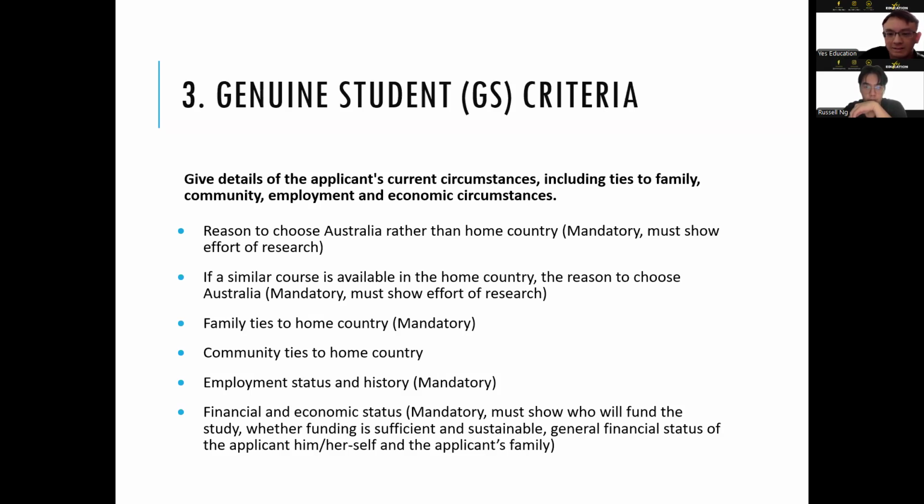You need to talk about the detailed names of the courses in your home country and say why it is not that advantageous compared to the courses in Australia. And then you need to talk about your family ties to your home country, like how many people, what kind of relationship you have in your home country.